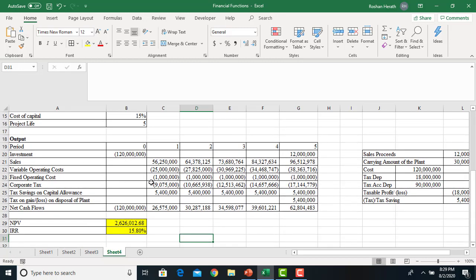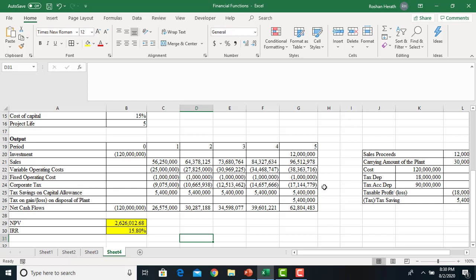This gives you an easy way out. Rather than treating the working of the taxable profit as a separate thing, considering even the non-cash flows would take additional time. Therefore, it is better to consider all the cash flows, compute the corporate tax, then compute the tax saving on the capital elements.